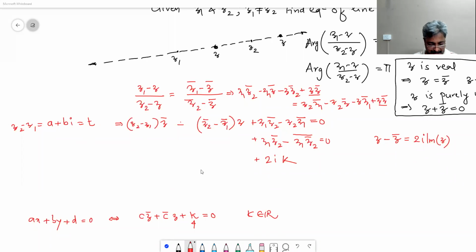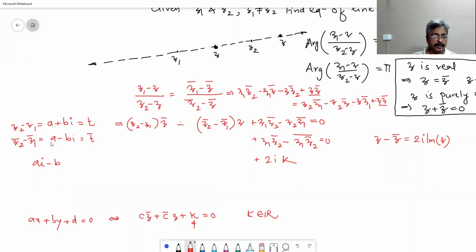In that case, z2 bar minus z1 bar is going to be a minus bi, which is equal to t bar. Is that correct? Yes. So now if I multiply throughout by i, what will I get here? What will happen to i times z2 minus z1? It will be ai minus b.